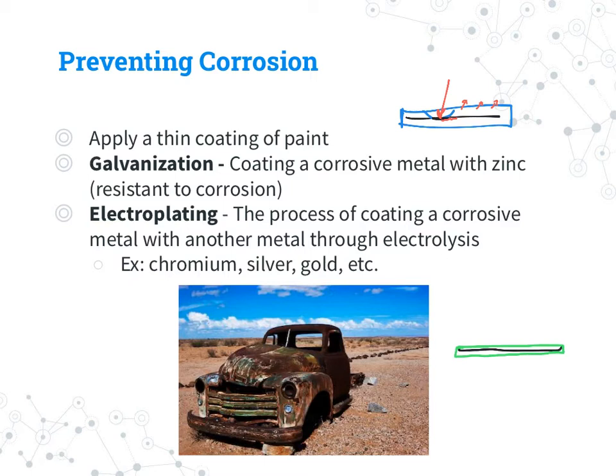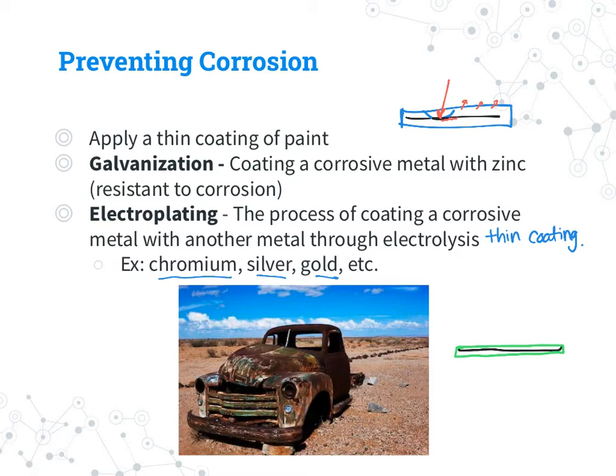Another thing we can do is electroplate. Electroplating is the process of coating a corrosive metal, like iron, with another metal through electrolysis. This just gives a much thinner coating. And the reason we want a thinner coating is we are using more expensive metals to coat a less expensive metal. So for instance, jewelry is often coated.